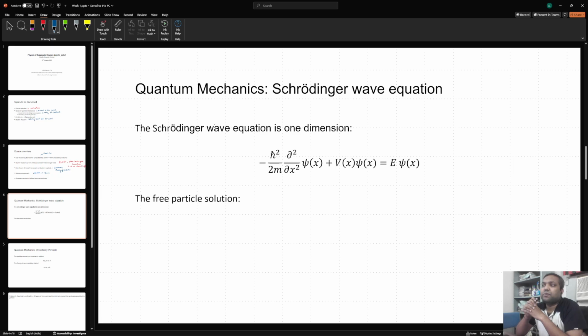The Schrödinger wave equation is the equation that is used to give the dynamics. So essentially, what does the Schrödinger equation do? In general, this describes the dynamics of non-relativistic quantum systems.